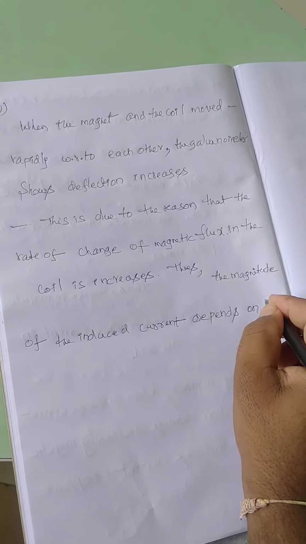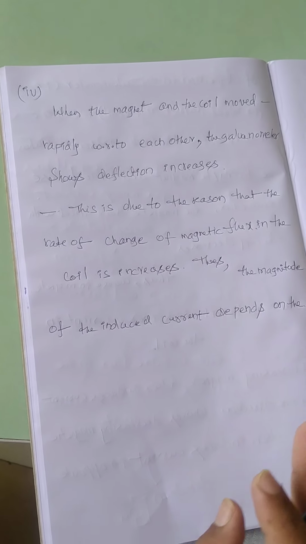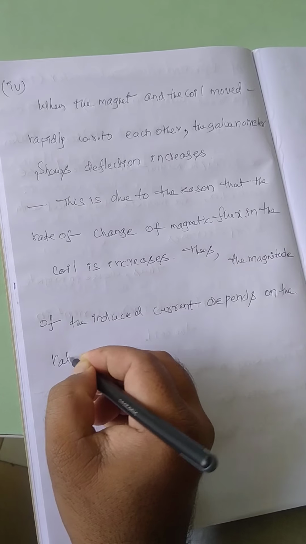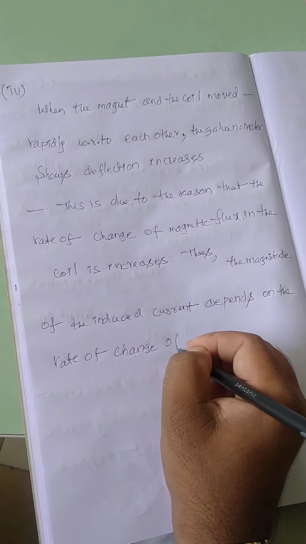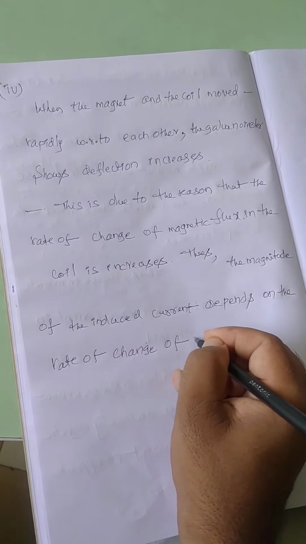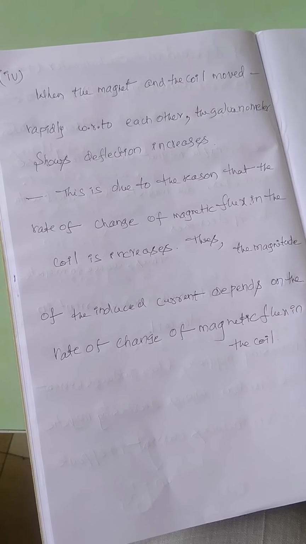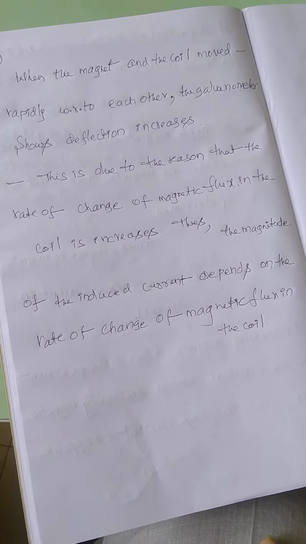Of course, the rate of change of magnetic flux only. So the induced current in the coil depends on the rate of change of magnetic flux in the coil only.